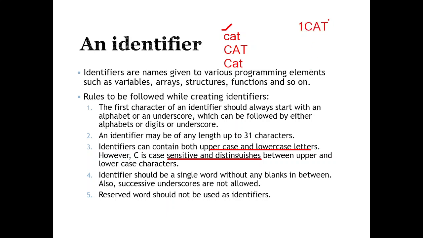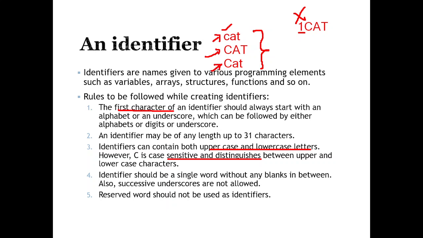This is not allowed because it is starting with a number, and you know very well the first character must be a letter. Here this is not an identifier. However, all the others are identifiers. For us, this is the same thing, this is the same thing. All of them are cat. But for C, this is a different identifier, this is a different identifier, this is a different identifier.